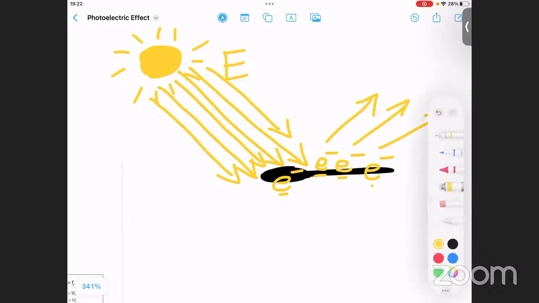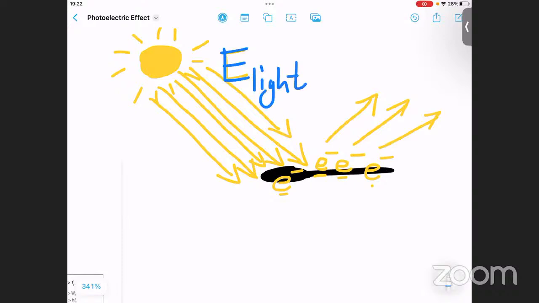So that means there must be an energy within the light in order to release these electrons from a metal.